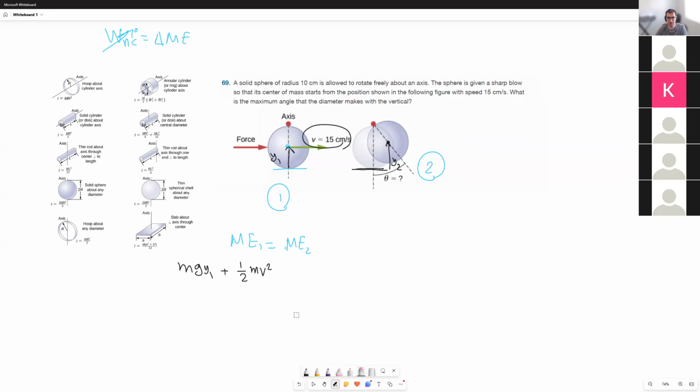Kinetic energy 1 plus potential energy 1 equals kinetic energy 2 plus potential energy 2. Kinetic energy 1 is half mv squared, given to the center of mass, plus mgy1 equals kinetic energy 2. What's going to be kinetic energy 2, guys?